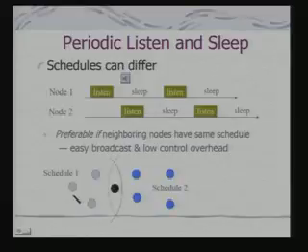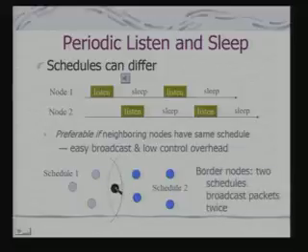Now, there can be different schedules followed by a network for different sets of nodes. If you look into this, I am considering this node as a border node. A border node can follow 2 schedules to broadcast packets twice, because there was one point of time when I am broadcasting packets for this network.